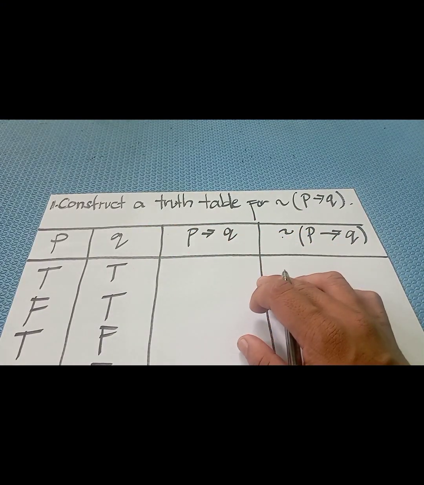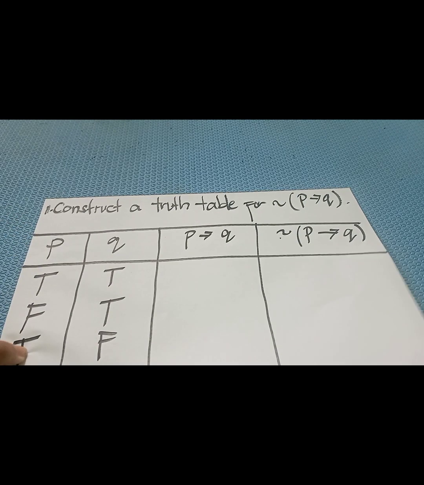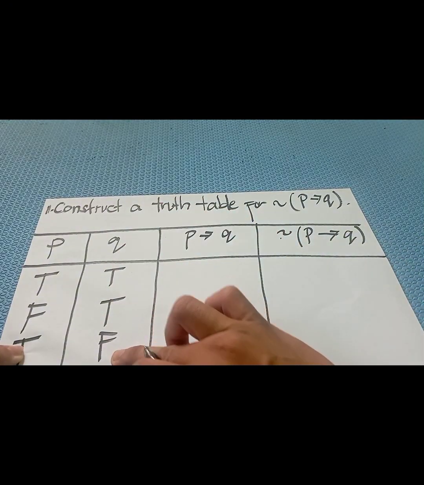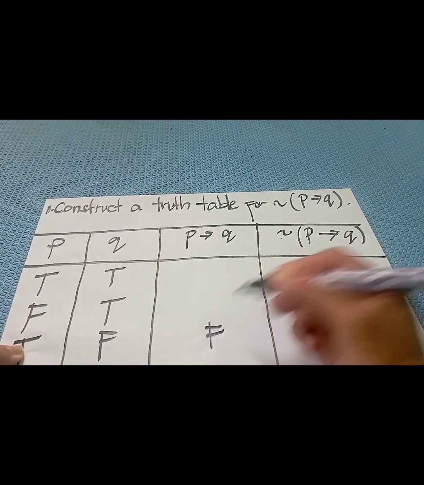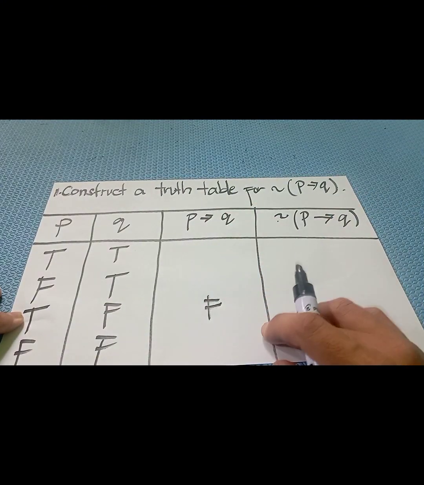Here's the step. First, we need to find in the P statement the truth value, which is false in the Q statement, to become false in the P implies Q statement.